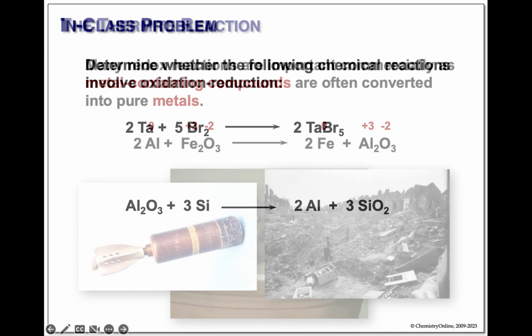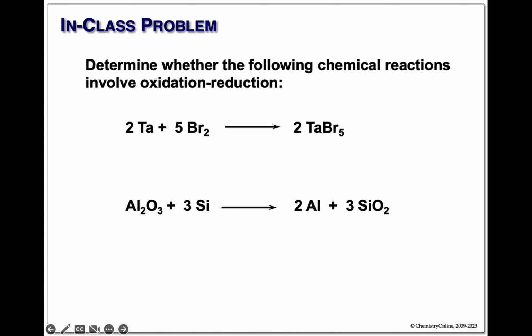All right, look at these guys. Tell me, first of all, were they redox? Who is oxidized? Who is reduced? What type of reaction is this? 2 elements and a compound.